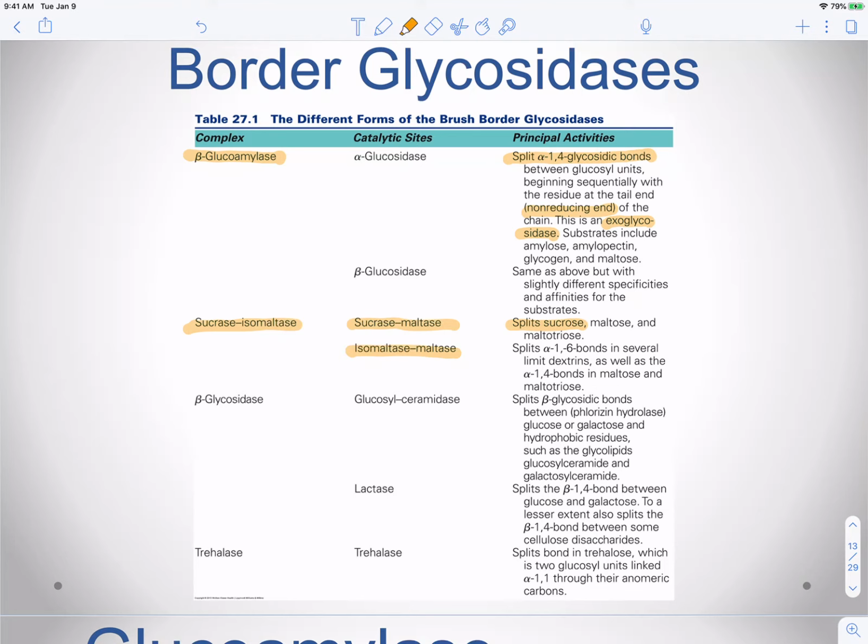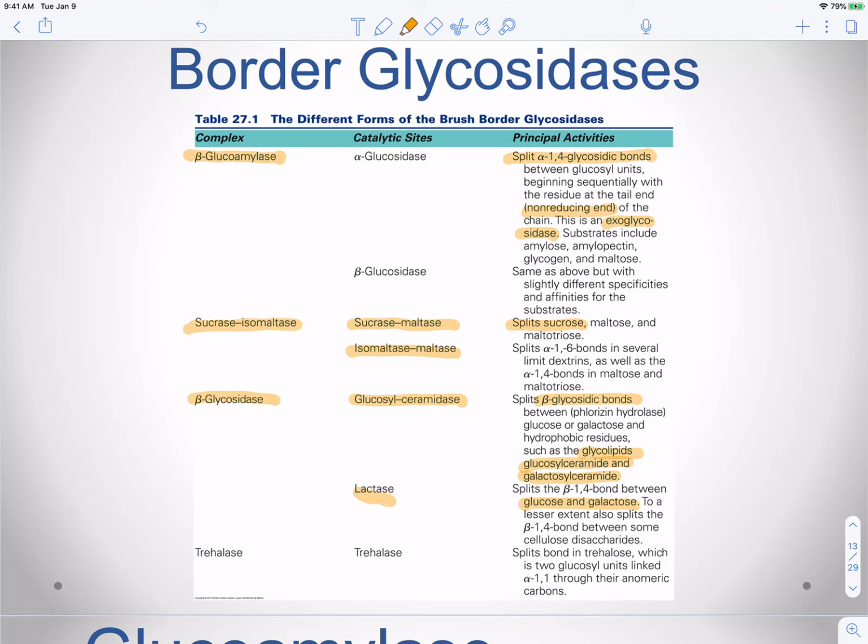The beta glycosidase is going to have 2 sites as well. It's a Glucosylceramidase, which is going to break the beta-glycosylic bonds between glucose and galactose and different hydrophobic residues, such as with glycolipids, ceramide, glycosylceramides, etc. It also has the lactase activity, so this is the beta-1,4 between glucose and galactose in lactose.